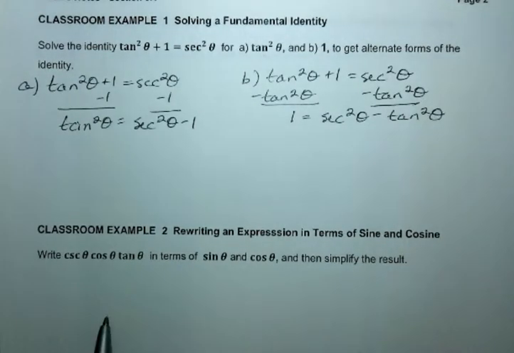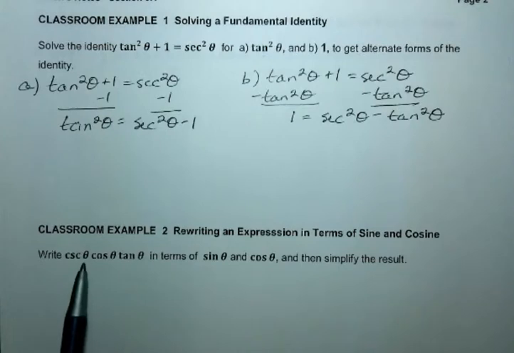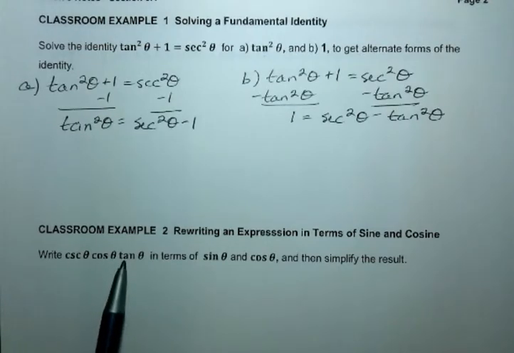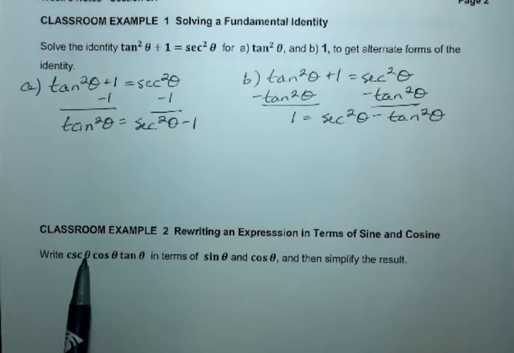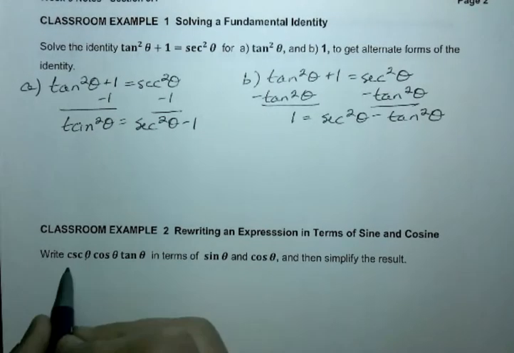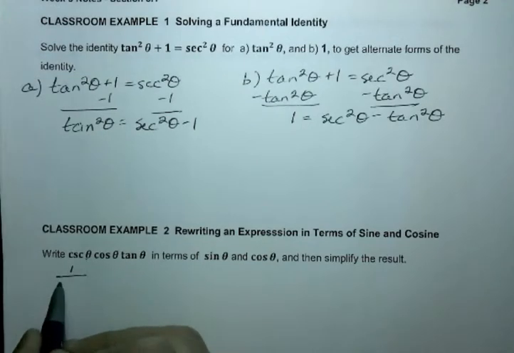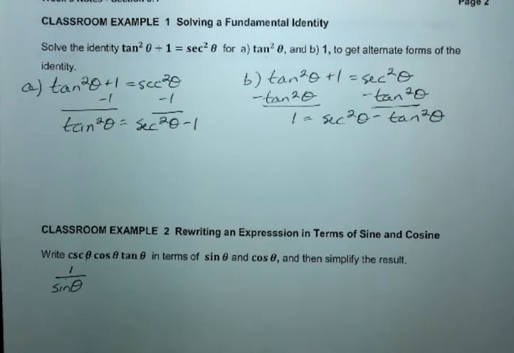Here's another example of something that we'll be doing a lot. If we have an expression like this, we might want to rewrite it in terms of just sine theta and cosine theta. We'll go back to those identities and use specific ones to rewrite different things in terms of sine and cosine. For cosecant, we would use the reciprocal identity. Using that, cosecant of theta is the same as 1 over sine theta.